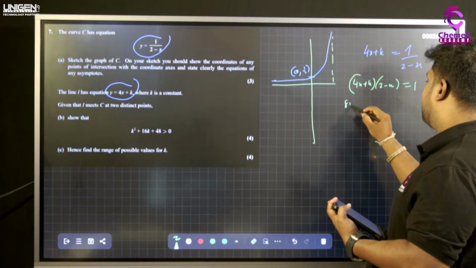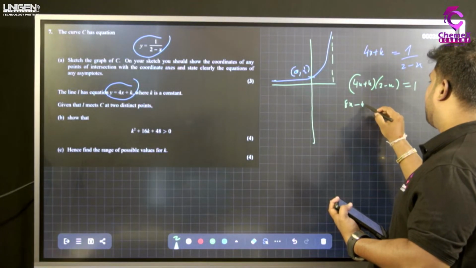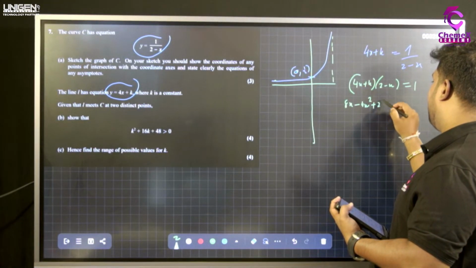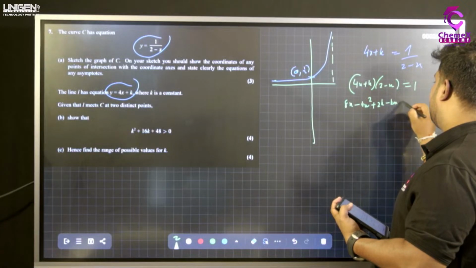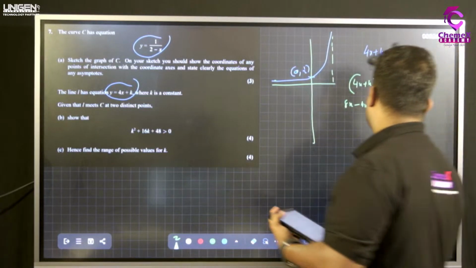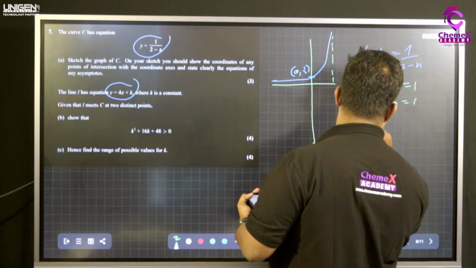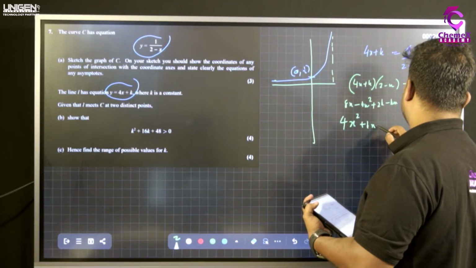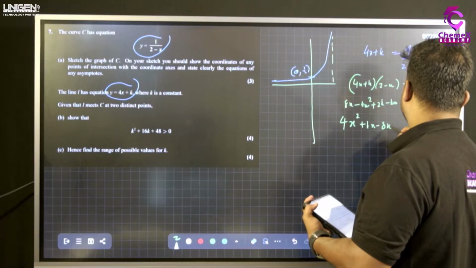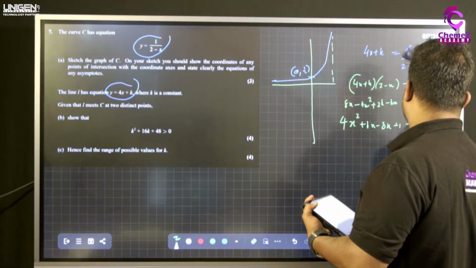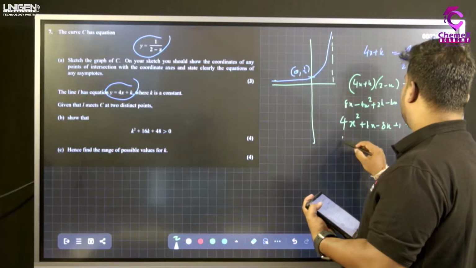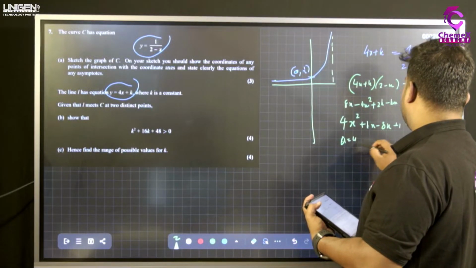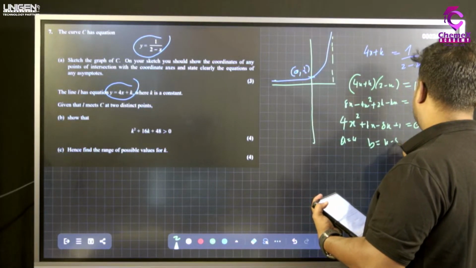So 8x minus 4x squared plus 2k minus kx equals 1. So then I take everything to one side, 4x squared plus kx minus 8x plus 1 equals 0.